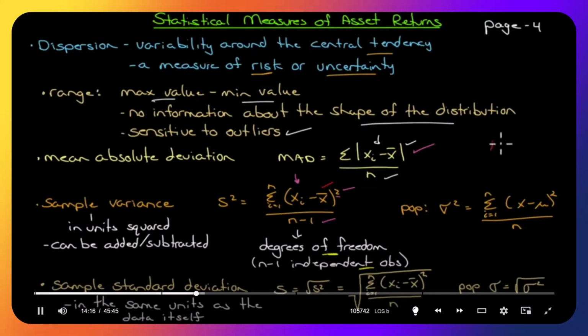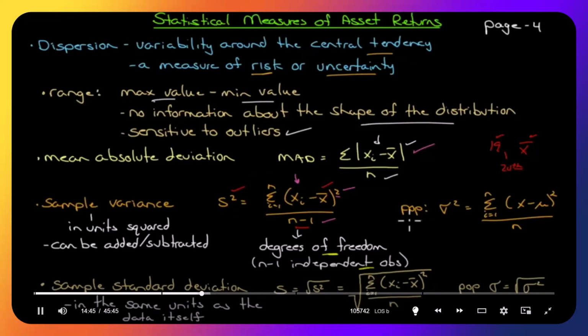If I gave you 19 observations and I gave you x bar, you could figure out what the 20th one was. In other words, the 20th observation is not independent anymore because it will depend upon these 19 observations and the mean. So you only have n minus 1 independent observations. That's why we divide by n minus 1. It gives the sample variance better statistical properties.